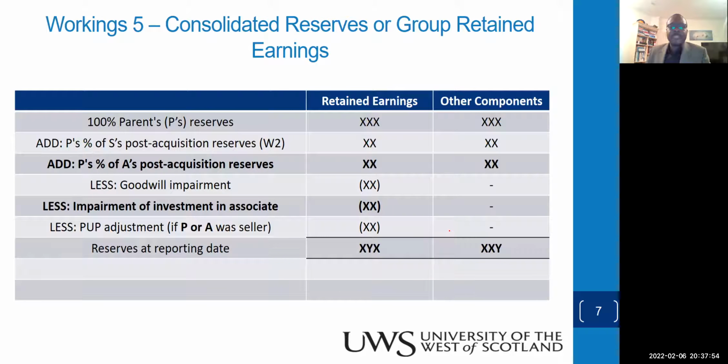Usually working number five, which we know, is the group reserves, the retained earnings. We said 100% of the retained earnings of the parent. If there is any other component of group reserves, keep it on the other leg. Then we add the parent's share of the subsidiary's post-acquisition reserves, which we know from working number two, the identifiable net assets of the subsidiary.